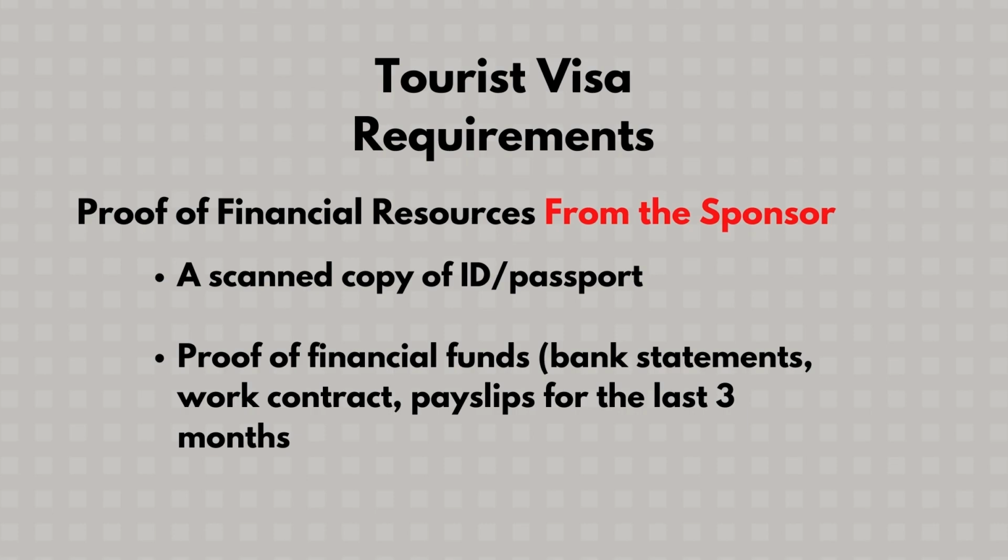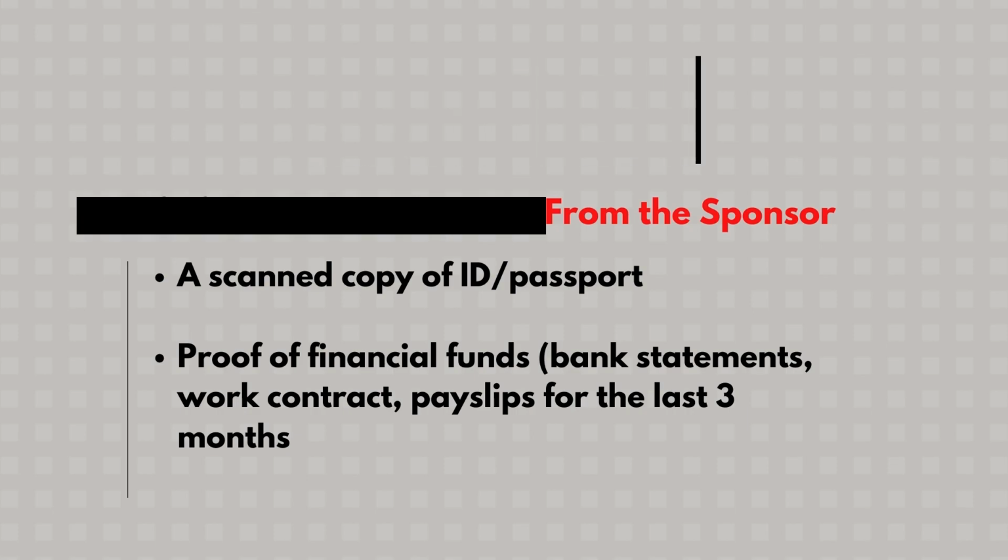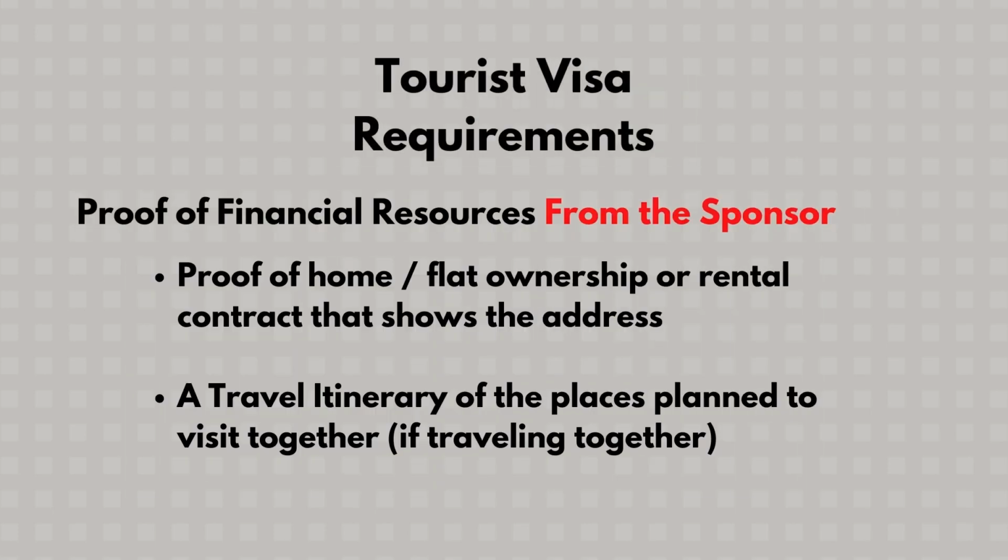So he must include a scanned copy of his ID or passport, proof of financial funds, so bank statements, work contract, pay slips for the last 3 or 6 months, as well as proof of home or flat ownership or even a rental contract that shows his or her address, and a travel itinerary, which, if he or she is visiting with the applicant, then they should have the same travel itinerary.